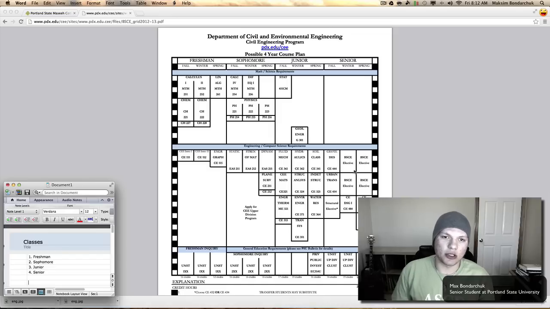Or you can just pretty much get ahead on your master's degree by choosing, for example, structural electives in this area. And then you have your design classes, which are your capstone projects. You get in a group of people and you design one particular project.